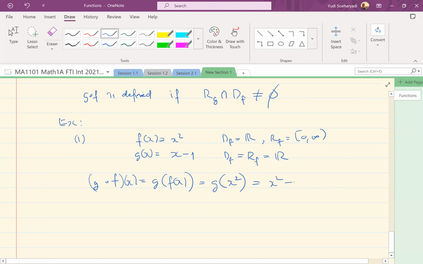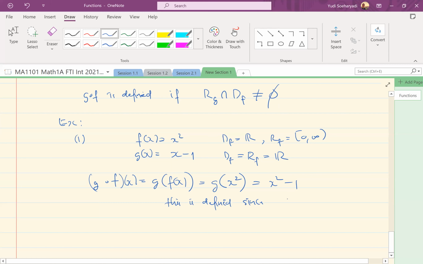And so you subtract one from this one. And this is okay because it's defined.